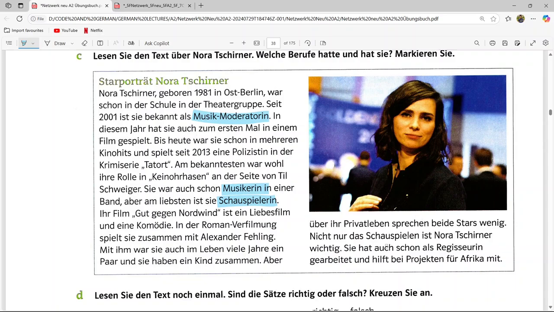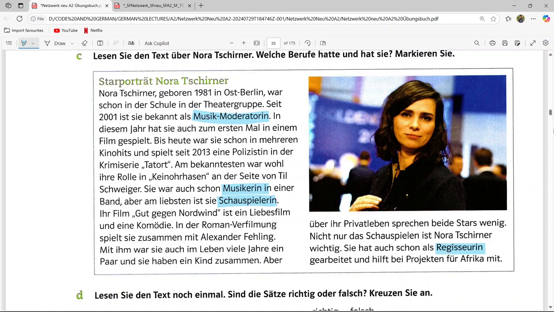Nicht nur das Schauspielern ist Nora Schiner wichtig. Acting is not the only thing for Nora. Sie hat auch schon als Regisseurin gearbeitet und hilft bei Projekten für Afrika mit. So she was also a director. Okay. So what are the professions? We found it.